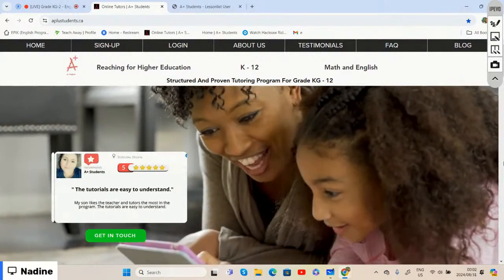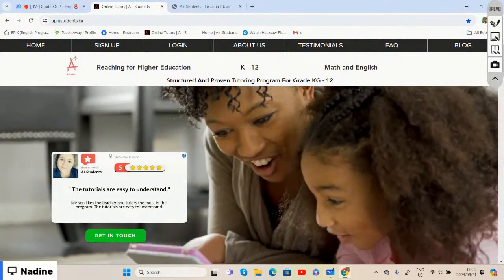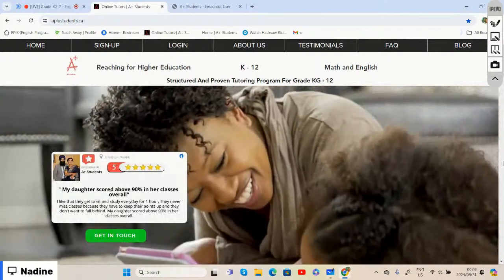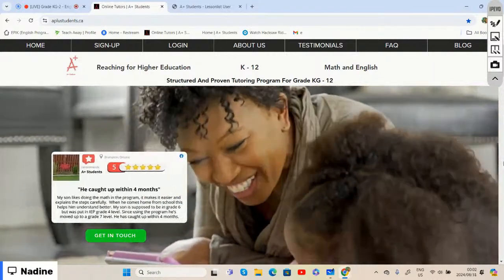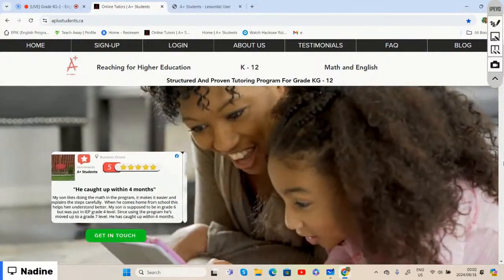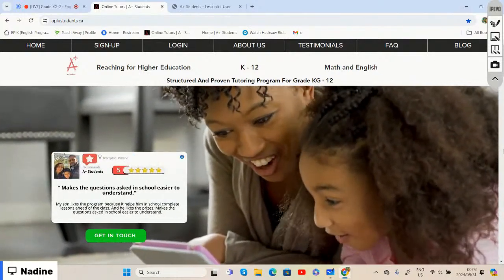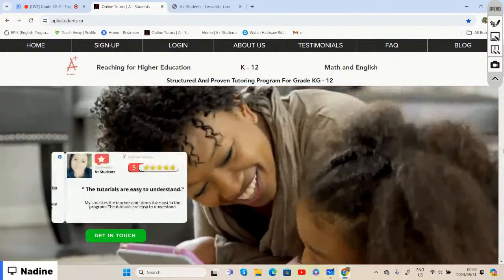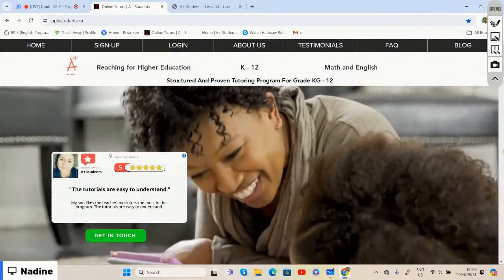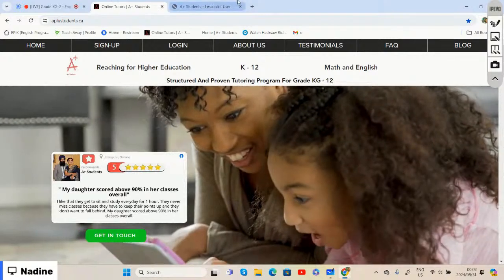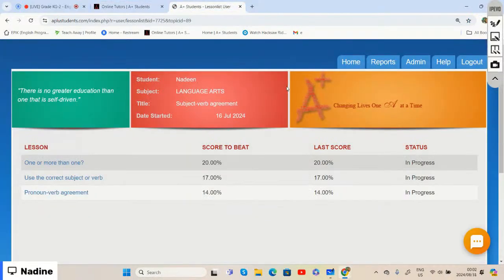all right, so we'll be doing our kindergarten to grade 2 English lesson on subject verb agreement. We're going to select the subject of English language arts, grade 2. And then we're going to scroll down until we get to the chapter of subject verb agreement.